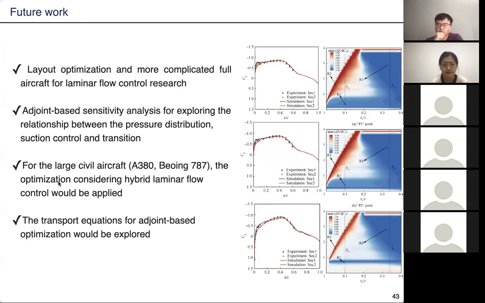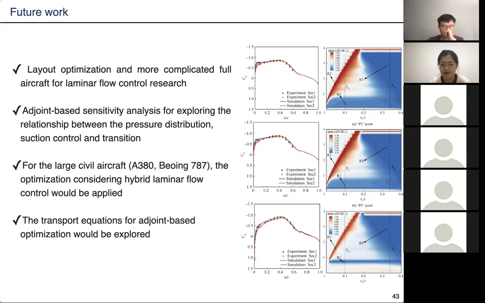The third one is, for the large civil aircraft, we need to use the hybrid laminar flow control. So the optimization work will also be carried out. Finally, as we know, using the eN-based method, we need to couple the RANS solver with the eN method, and it costs a lot.